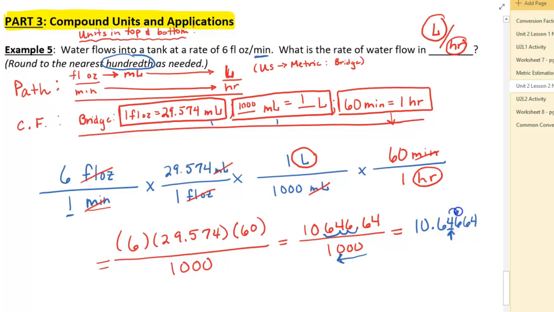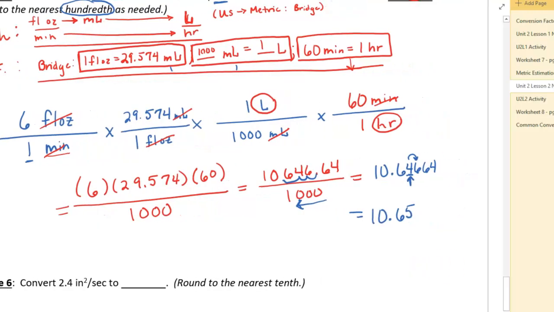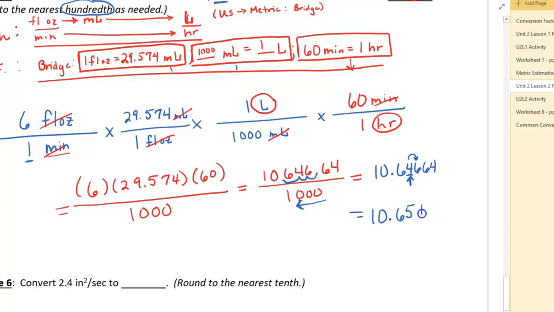So if I look to the right, that is 5 or bigger. So I round the 4 up to a 5. So my final answer is 10.65, and that is liters per hour, or 10.65 liters per 1 hour.